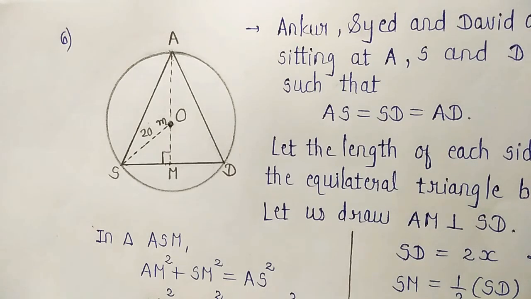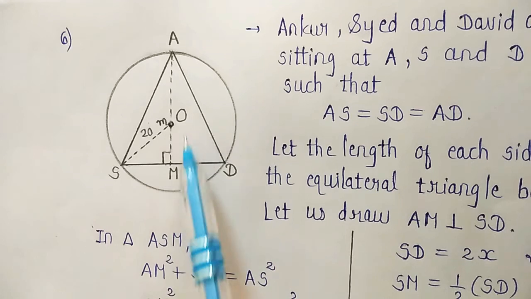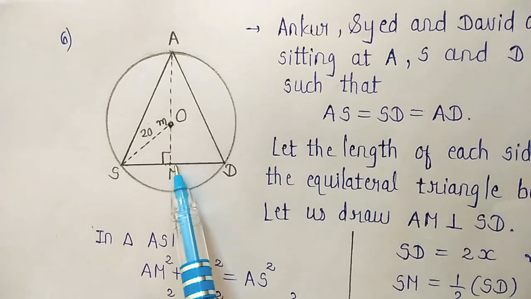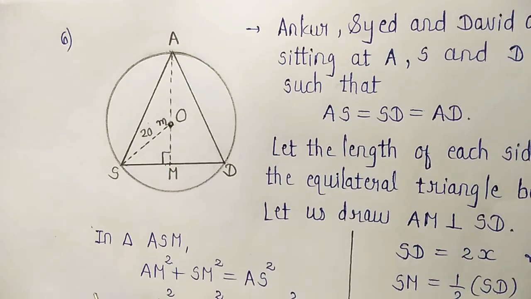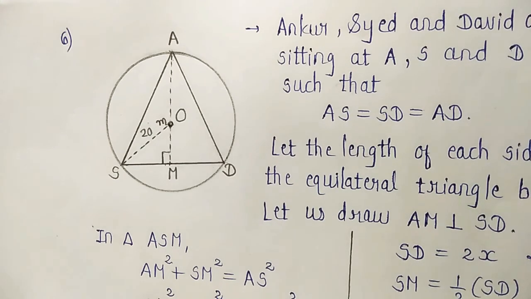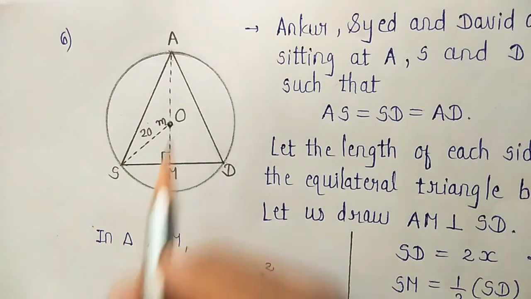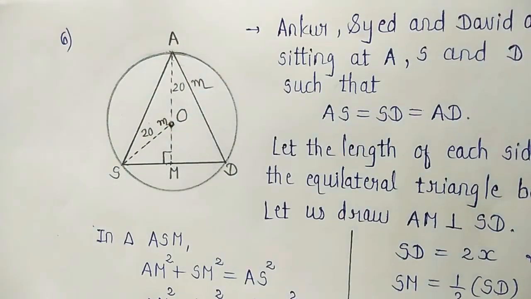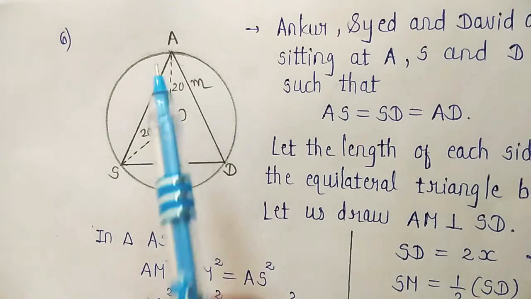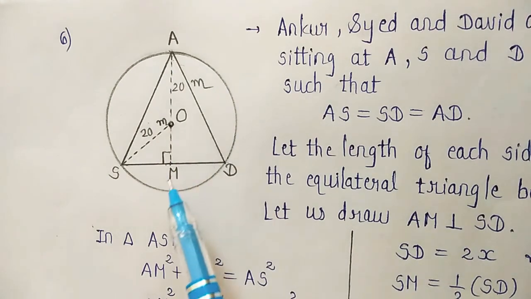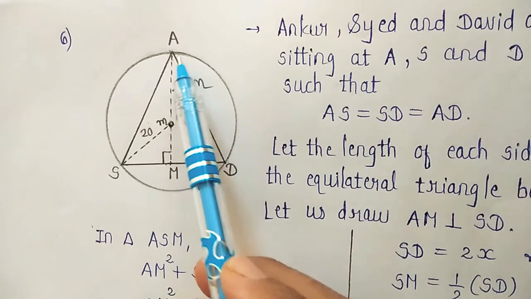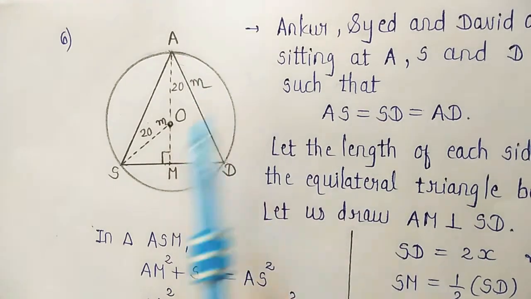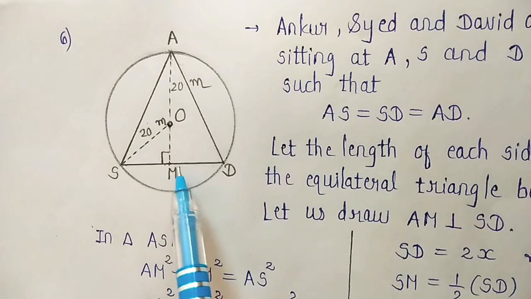Now what will be the value of OM? We have the value of AM. Do we have the value of OA? Of course yes, because it is a radius. OA is the radius, so again it is 20 meter. So we have the value of AM, that is square root 3x, and we have the value of OA, that is 20 meter. Can we find OM? Yes. How?